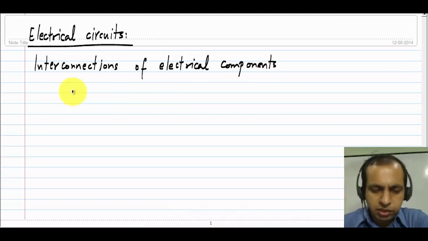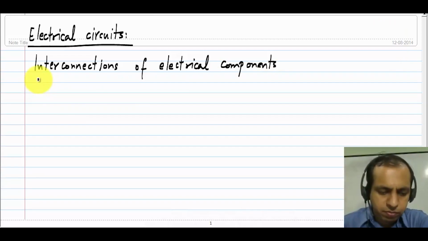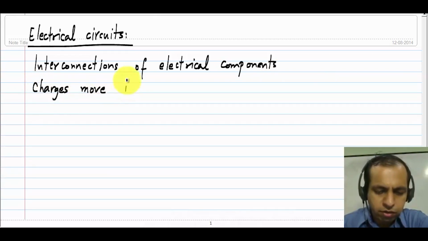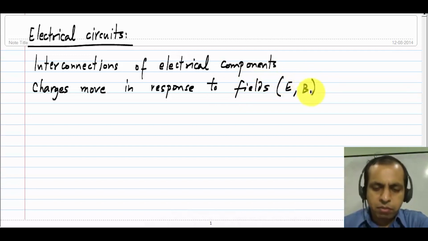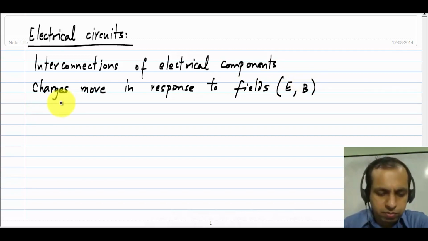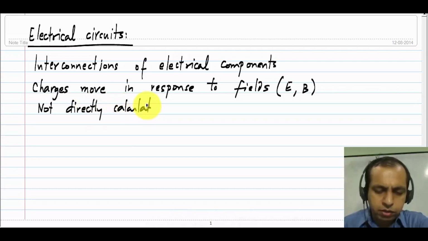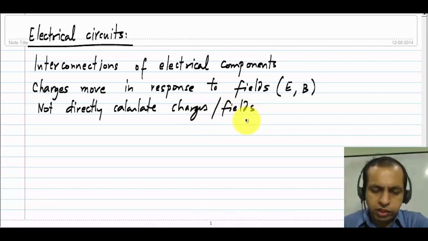So what happens in an electrical circuit is that charges move in response to fields, which could be either an electric field or a magnetic field. But like I said, we will not directly calculate charges or fields.